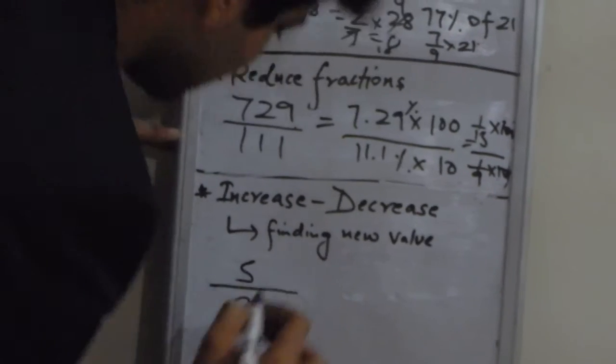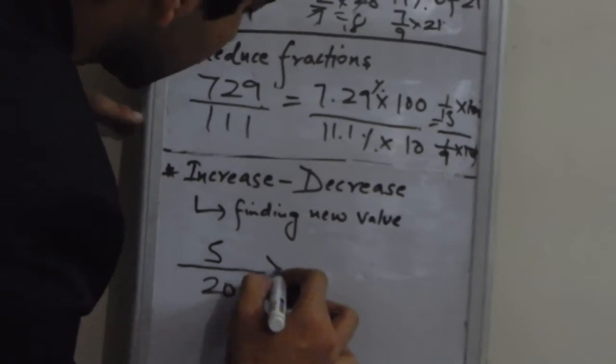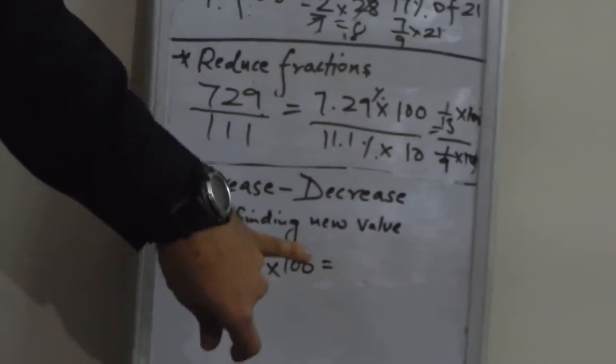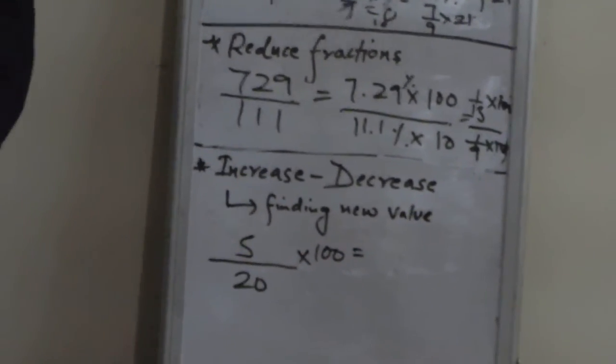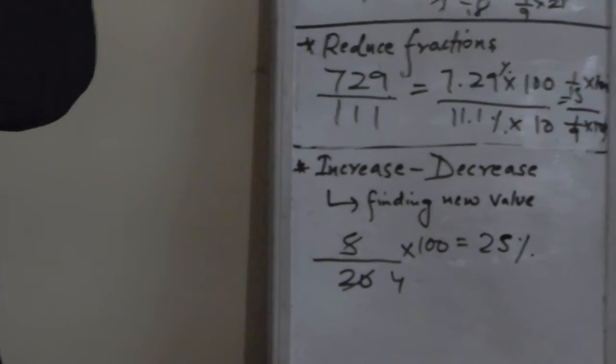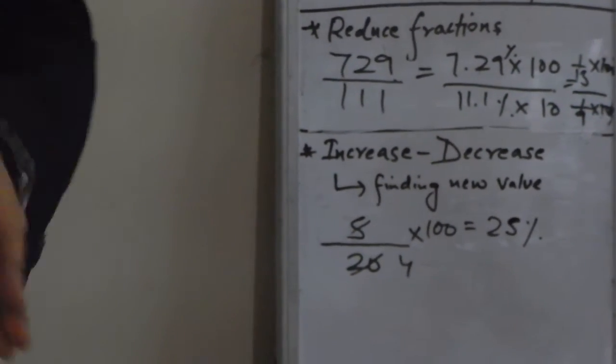So the increase is effectively 5 by 20 into 100. This would give the increase in terms of percentage. Whenever 100 comes into picture, remember friends, it is in terms of percentage. So here it is 25% change in 20. So I would say 25% increase in the value of 20 gets it to 25.